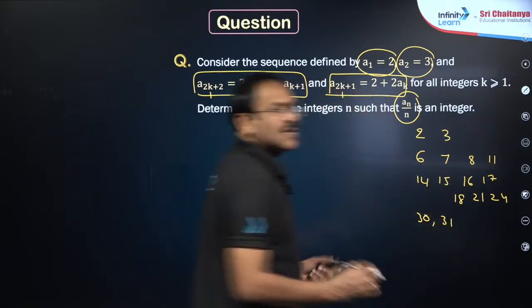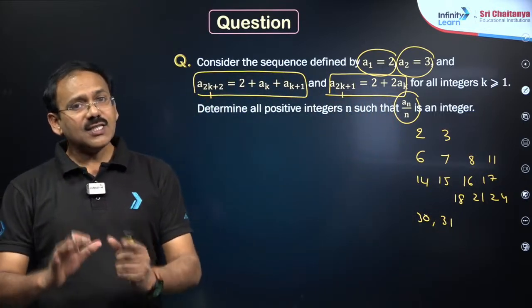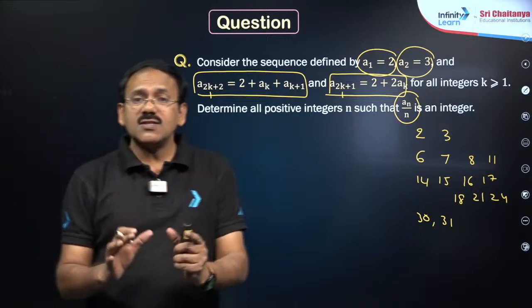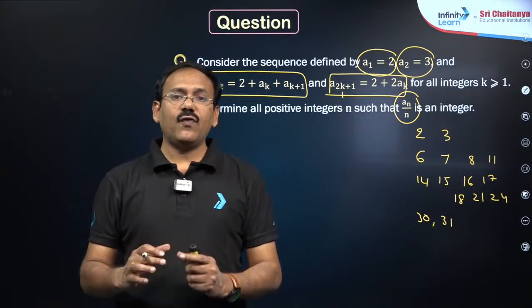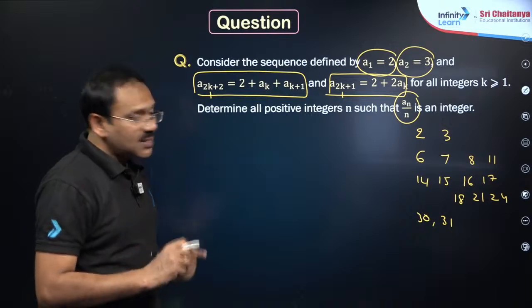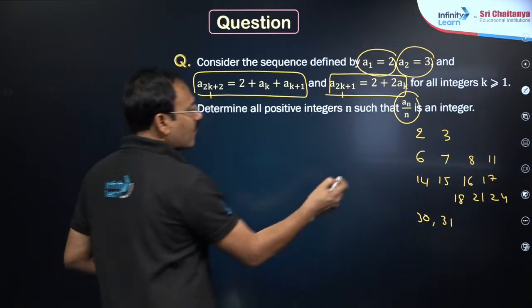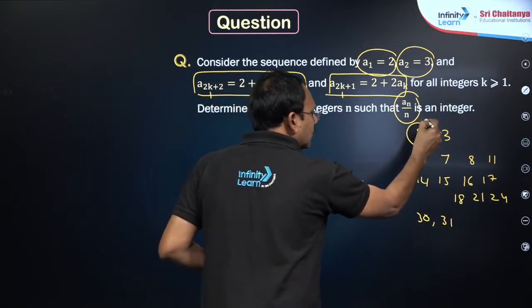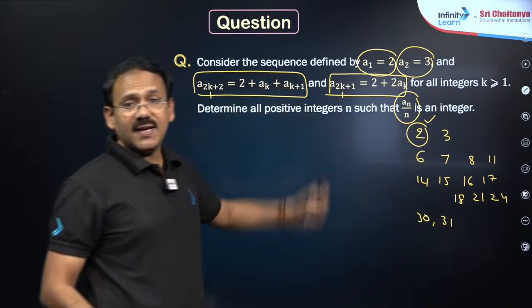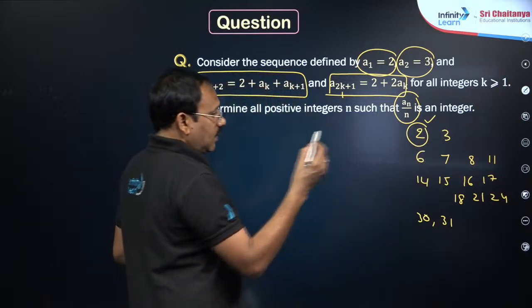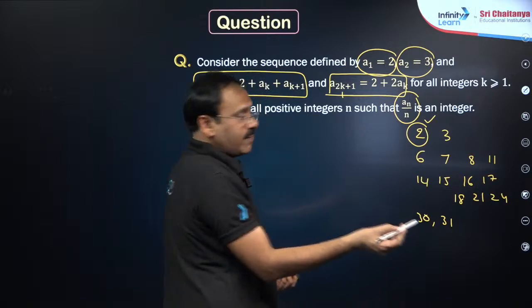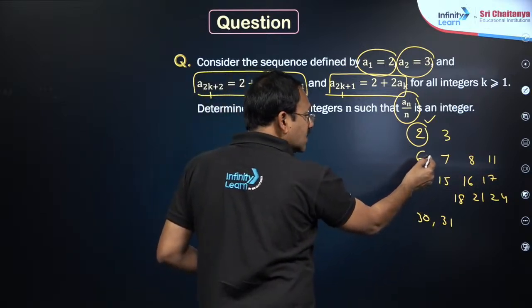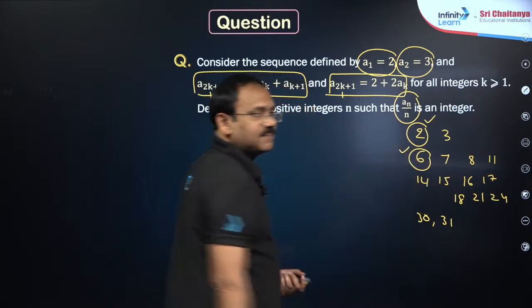This is the basic method. First we write the pattern, and we can observe something so that we can try to find it out mathematically. From this, A1 is divisible by 1, so successful, because An by n is an integer. A2, 3 is not divisible by 2, whereas A3 is divisible by 3, successful.